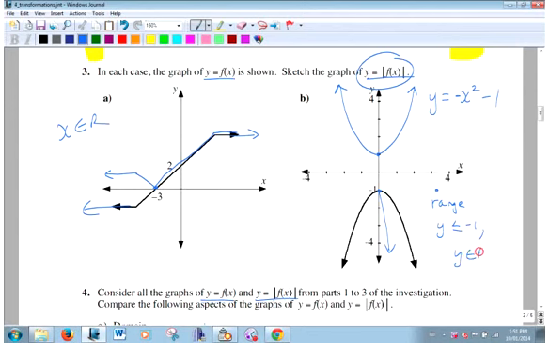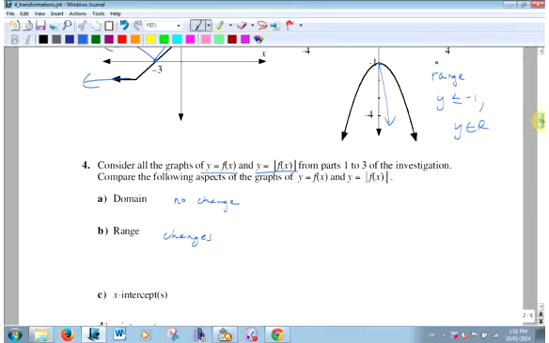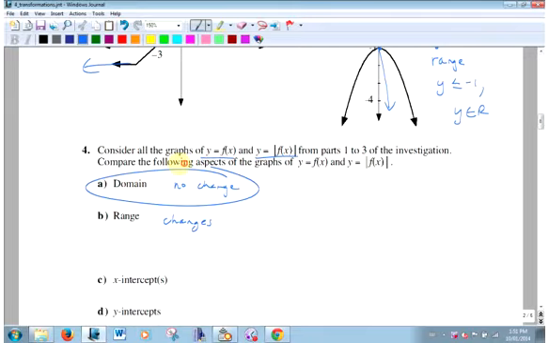This one, the range is y is greater than or equal to +1. I could write some long, complicated sentence telling you the relationship, but I don't think it's that helpful. Just look at it. All we need to know is the range will change. If you want to memorize that, maybe that'll get you a mark sometime in the future.